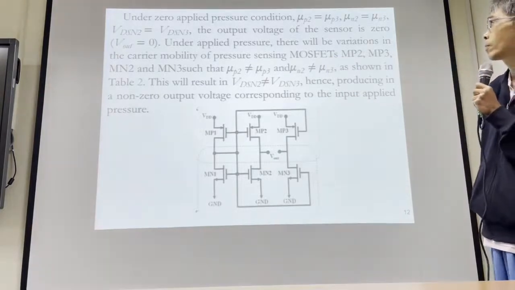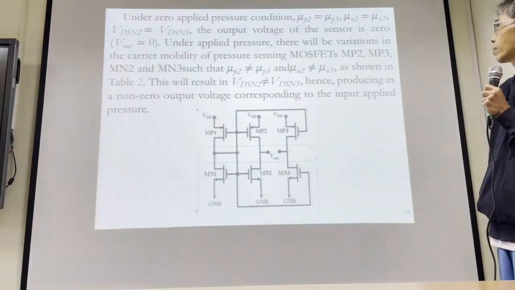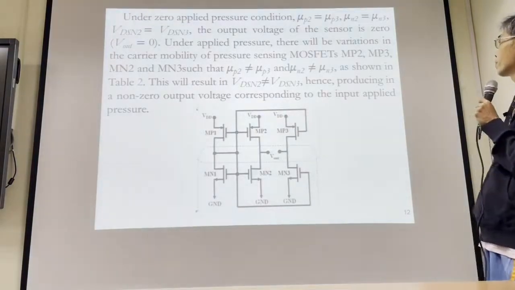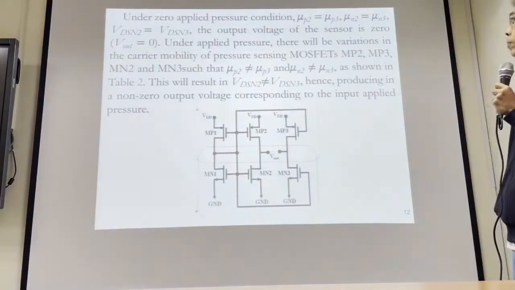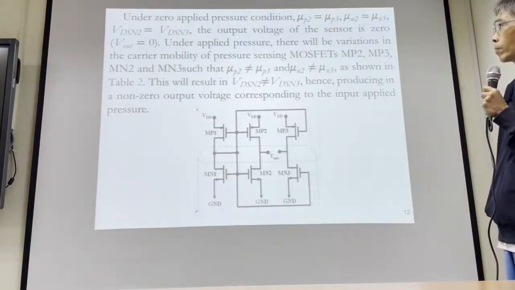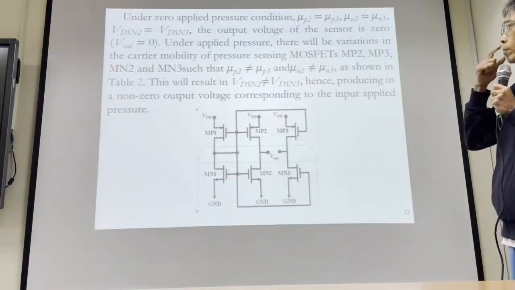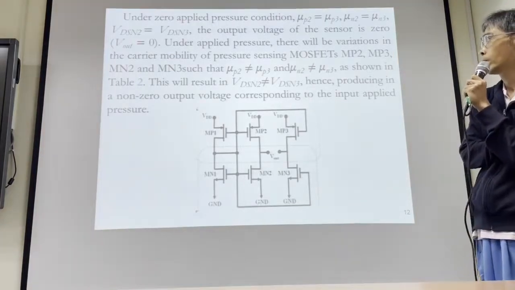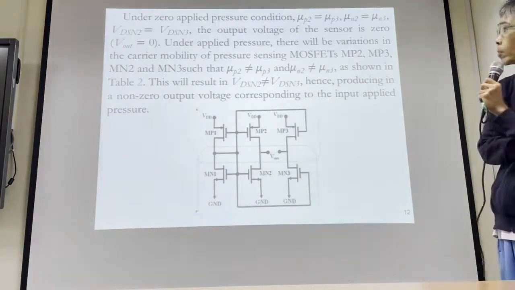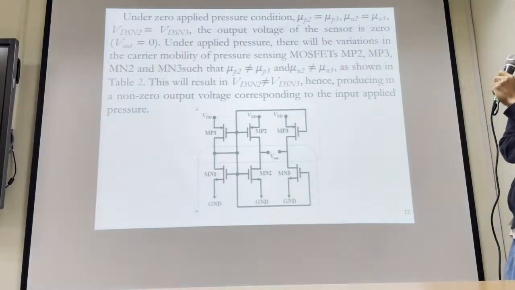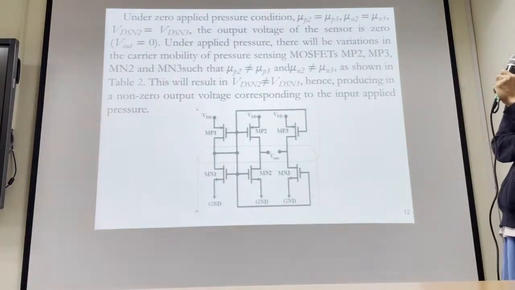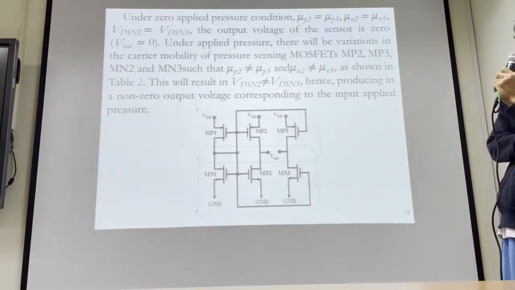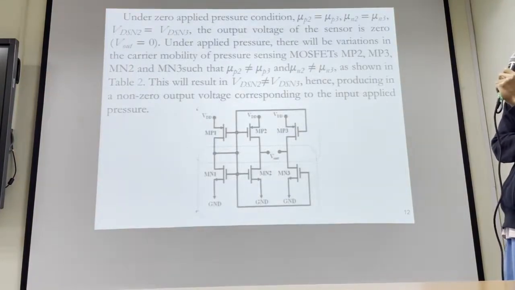Under zero applied pressure condition, mu P2 equals mu P3, mu N2 equals mu N3, and VDSN2 equals VDSN3. The output voltage of the sensor is 0. Vout equals 0.